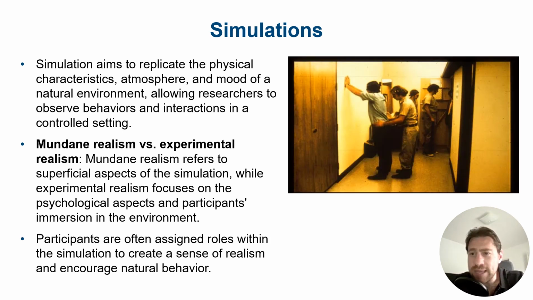So a classic example of simulation being used in a psychology study is the infamous Stanford prison experiment, where, if you recall, and we talked about this in chapter 4, I believe, people were assigned different roles, the roles of prison guards or the roles of prisoners, to see how they would respond in these different roles. Now, to make this realistic, an actual prison was built in the basement.